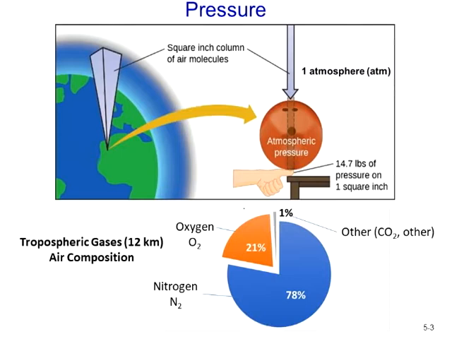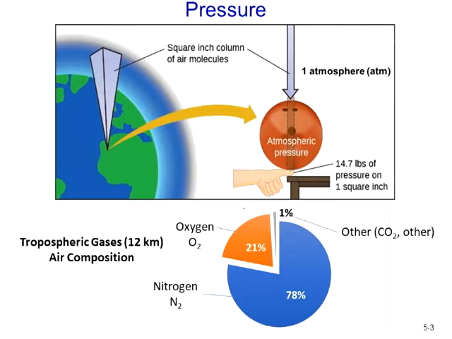Now, that pressure that is part of our environment, part of the Earth's environment, is rated at what we call 1 atmosphere. In fact, we talk about it as atmospheric pressure. It is the pressure within our atmosphere. And that pressure is rated at what we call 1 atm, 1 atmosphere.